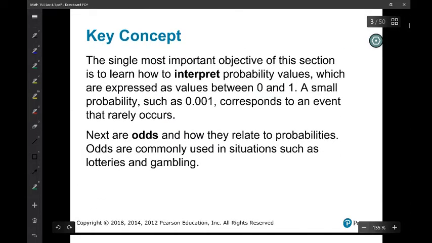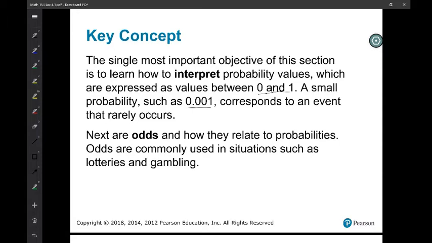The single most important objective of this section is how to interpret probability values, which are always numbers between 0 and 1. So a small number, such as 0.001, corresponds to a rare event.